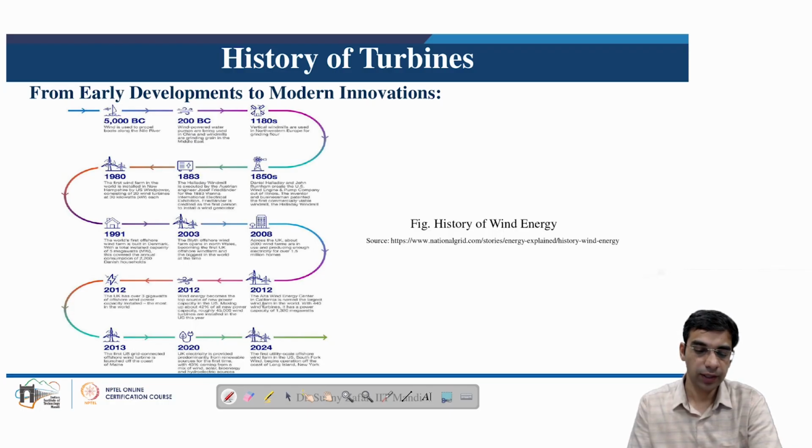In the year 2012, several developments took place and high power wind turbines were also developed. Then US grid connected offshore turbines were developed. Largely, we can see that more and more developments have taken place, especially in the case of wind, because it is a renewable source of energy.